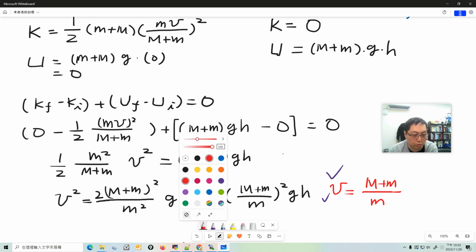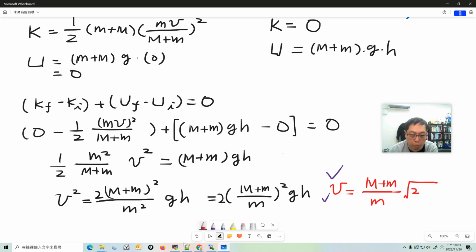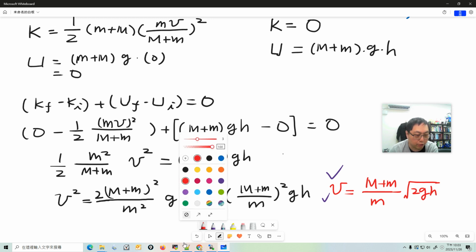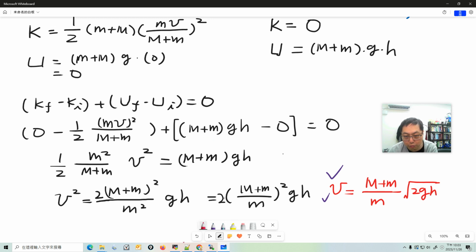So we put the square root of 2 in here. That's very important, because if you don't have this factor, you are also wrong. Let me check, is it right? Yes, that's right. So that's the relationship between the height h and the incoming velocity of the bullet.